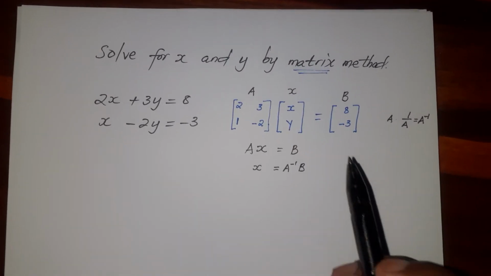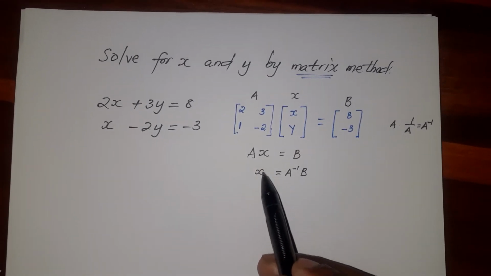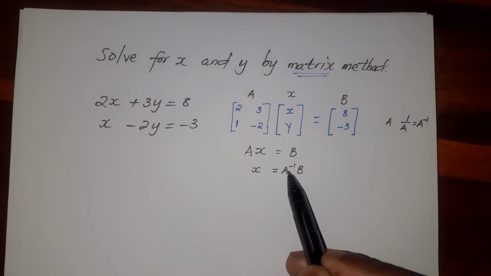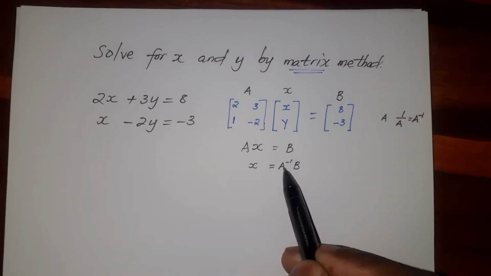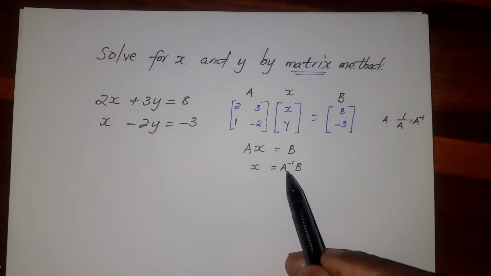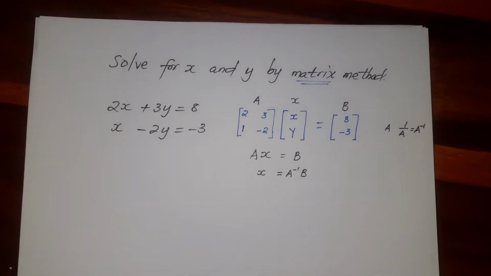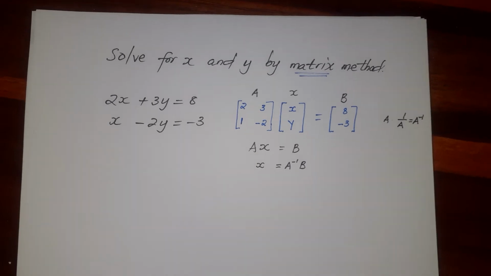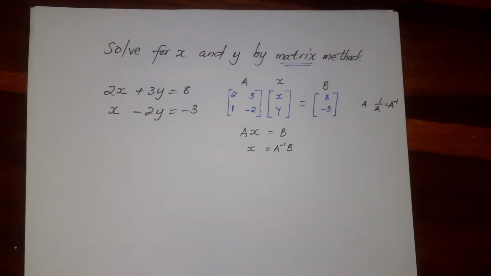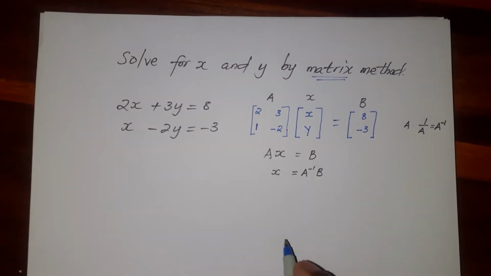Therefore, in order for us to find the values of x and y, first we have to get the inverse of A. In order for us to get the inverse of A, first we also need to look at the determinant of A. Let's get into it.